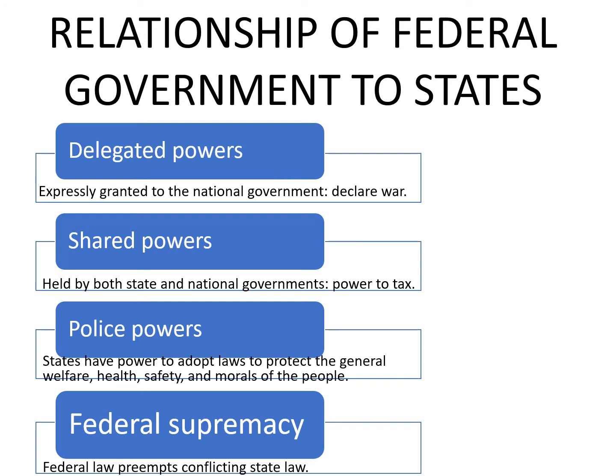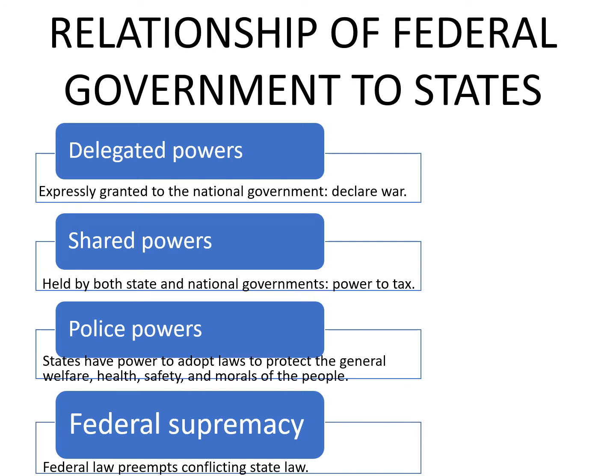Well, they quickly realized that that did not work, and so they came together to form the Constitution, where they decided to create a national or central government. They wanted this national government to address issues of national concern. For instance, declaring war.